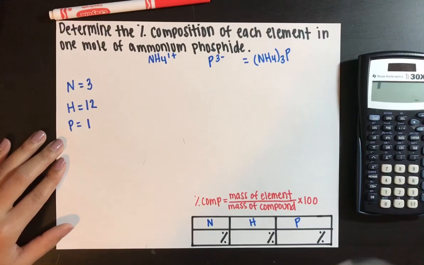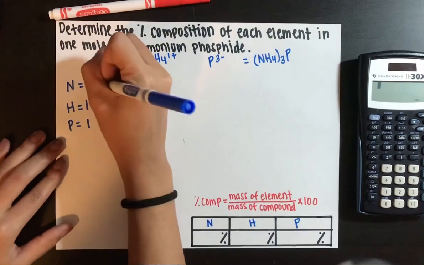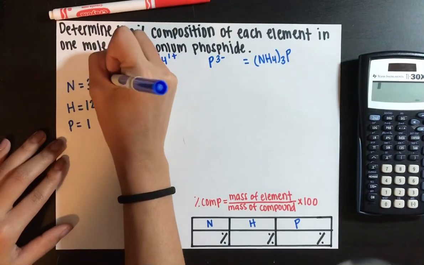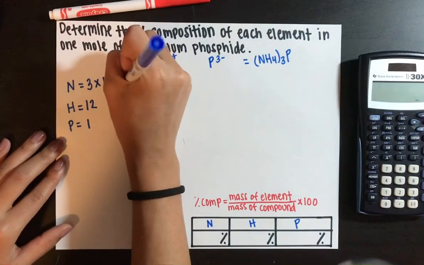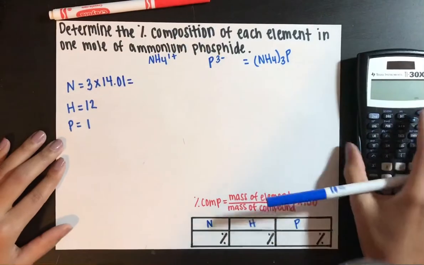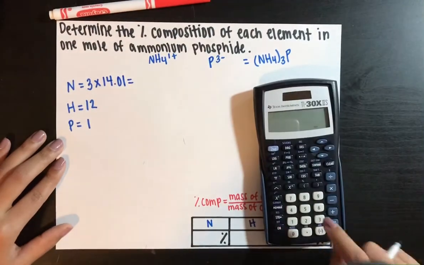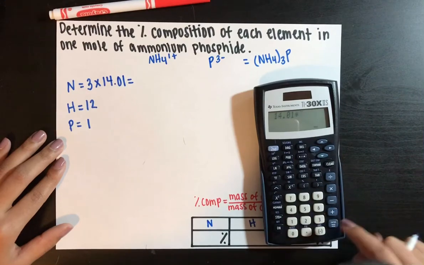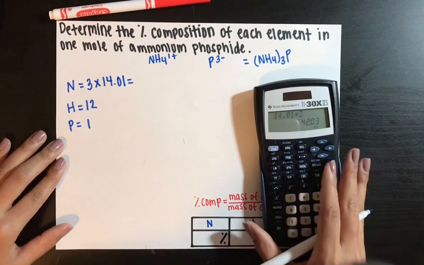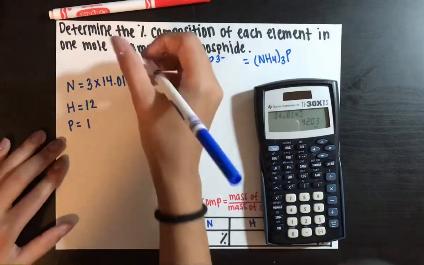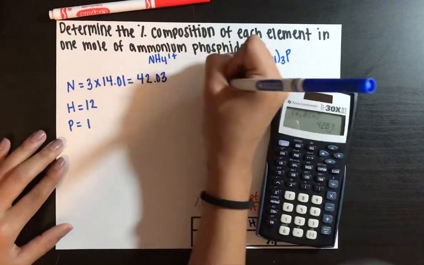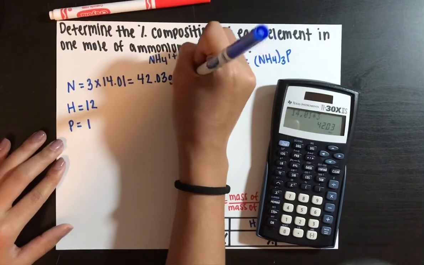Now we are going to multiply N by its molar mass, which is found on the periodic table, and that is 14.01. So 14.01 times 3 gives us 42.03 grams per mole.